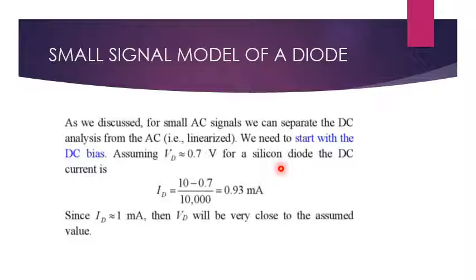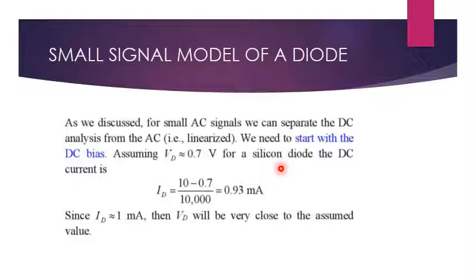If you write Kirchhoff's voltage law, just note the circuit. We have RD, we have R which is 10 kilo ohms, and we have the diode. The voltage applied is actually 10 volt. So what is the voltage drop across the diode? They have given it as 0.7 volt. So what will be the total voltage inside your loop? 10 minus 0.7.